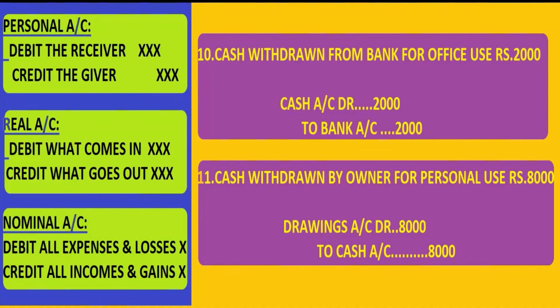In these two cases, we are not mentioning the name of owner in the books because we should not mention the name of the owner in his own books. So we mention capital when he introduced money, and drawings when he withdraws money for his personal use.